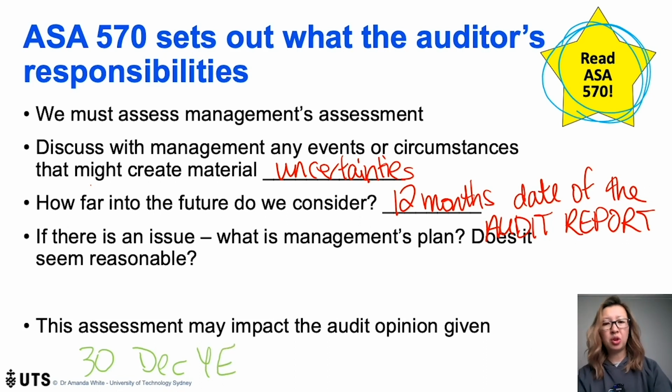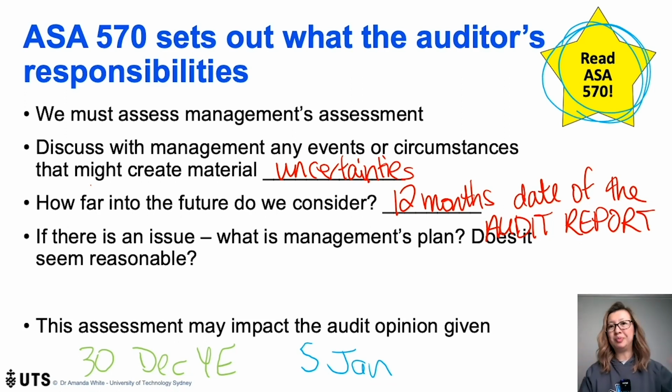Let's say you were super organized with the audit report that year, and on the 5th of January you were done with your audit, and you said, look, yep, this is a hospitality company, they provide catering to the airline industry, for example, and we think, yep, going concern.